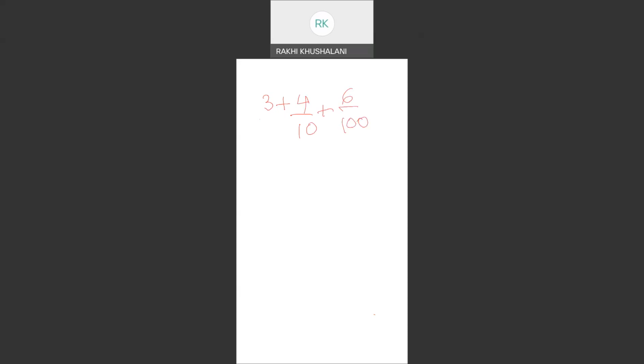Okay, so here 3 is a whole number, these two are fractions. Or I can say this is at ones place, this is tens, and this is hundreds.